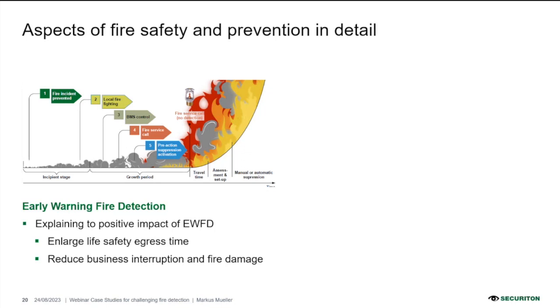It enlarges that time significantly, and on the other side, it reduces business interruption damage because we detect the fires early, ideally much longer before they get out of hand.